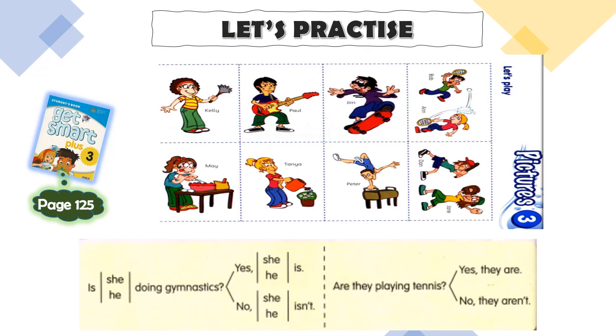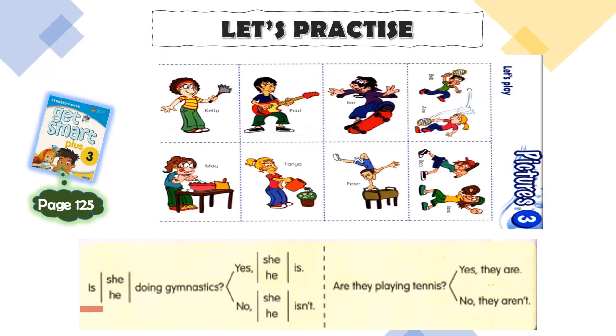Okay, look at these pictures. We have singular and plural subjects. Look at the first picture, Kelly. Is Kelly singular or plural? Only one, right? So singular. If there's only one subject, we use is.